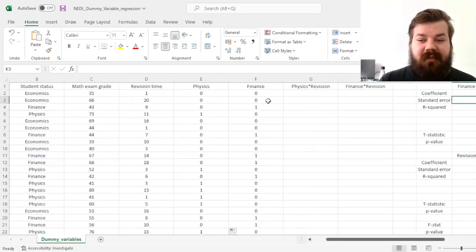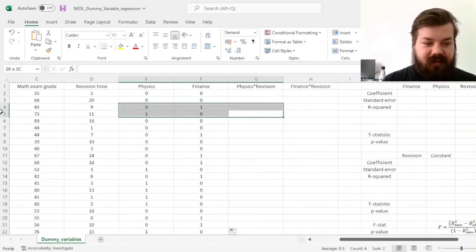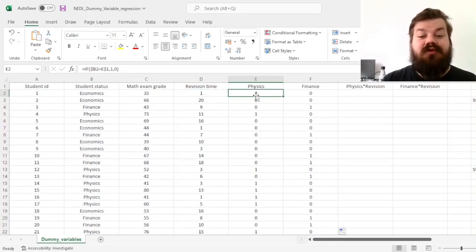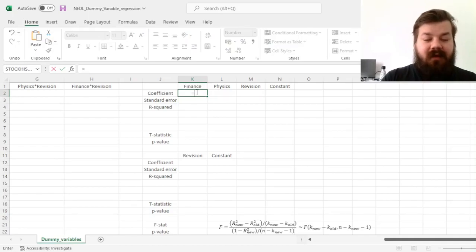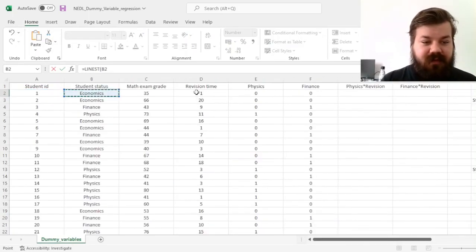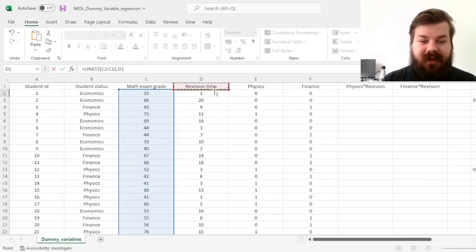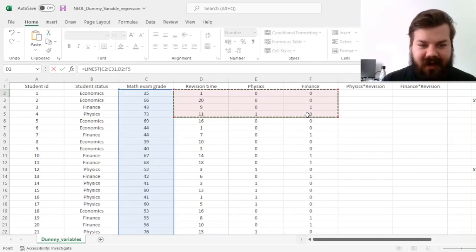So first, what we might want to do is to estimate a regression model with our main dependent cardinal variable, which is revision time, controlling for the major, basically including those two dummy variables in our analysis. And there we might use the Linus function, input in the math exam grade, the exam performance as the dependent variable, as our y variable, and these three variables, revision time, the physics dummy, and the finance dummy, as the independent variables, or our x's.